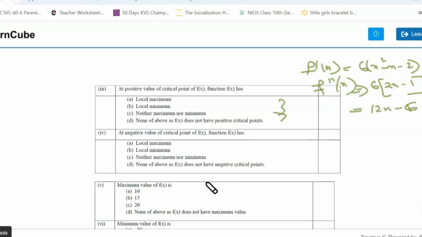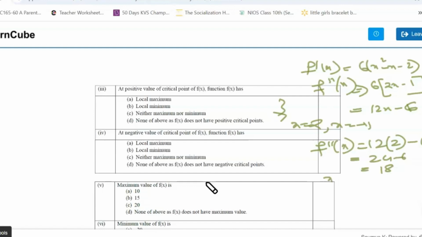There are 2 critical points, x equal to 2 and x equal to minus 1. Substitute that. So f double dash of 2 is 12 into 2 minus 6, that is 24 minus 6, which leads to 18.